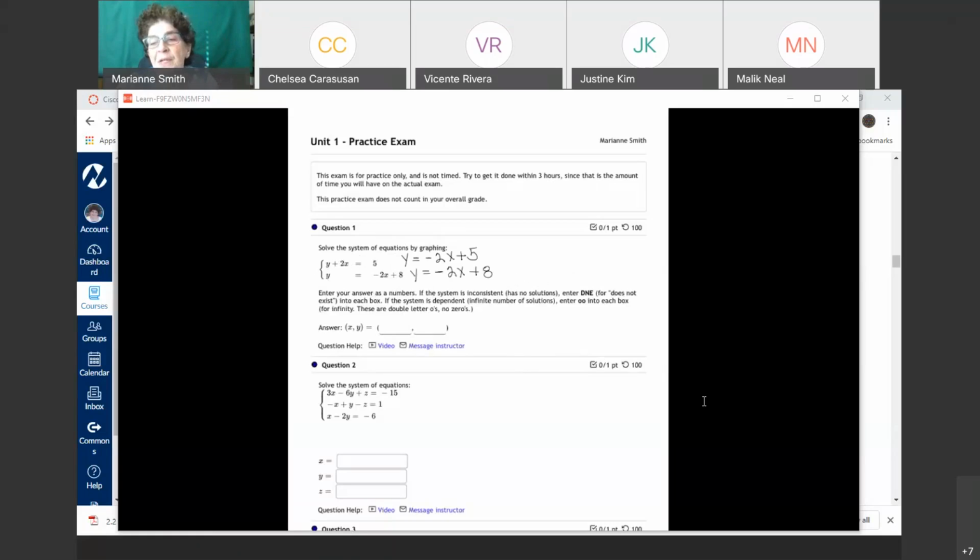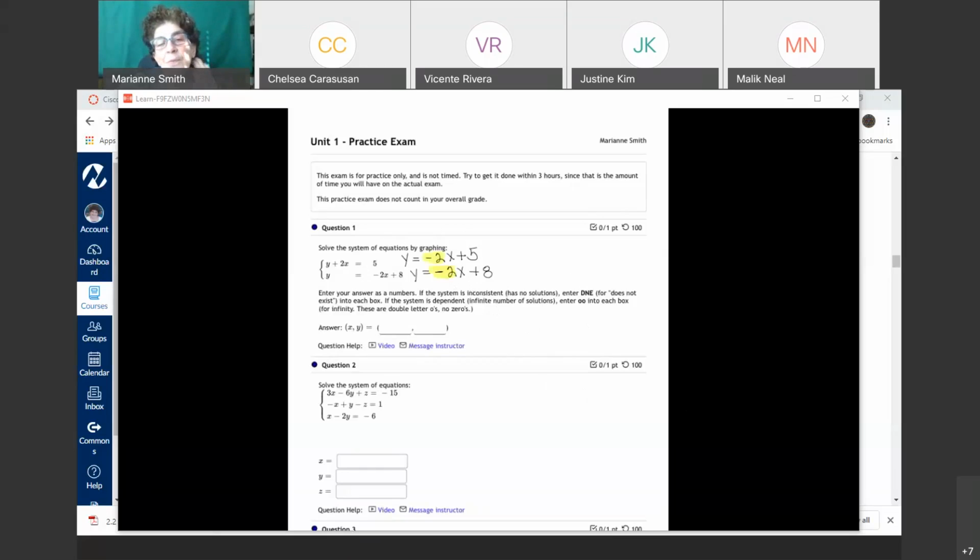What do you notice about these two equations in question 1? Yeah, exactly. Same slope. The slope is this number that's multiplying the x. Do they have the same intercepts?